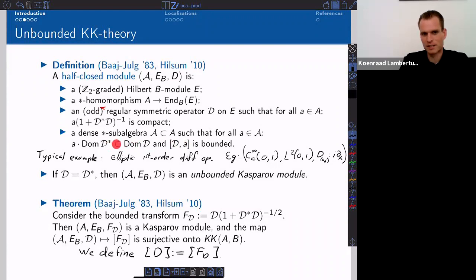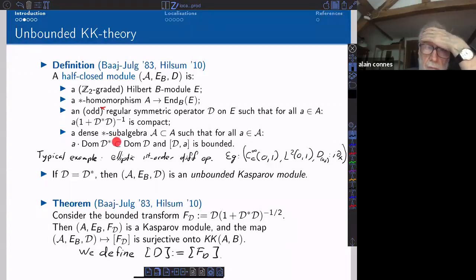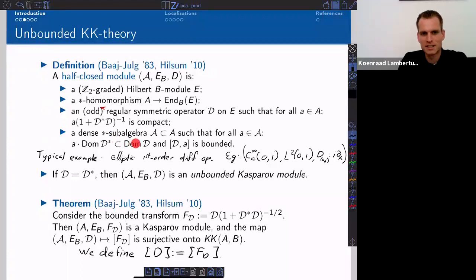And here for this domain inclusion, the differential operator we consider is initially defined on the domain of smooth compactly supported elements in the unit interval. Because we consider the open unit interval, these are compactly supported in the interior. So in particular, these elements vanish on the boundary. So then D is the closure of this operator, so we consider the minimal extension.